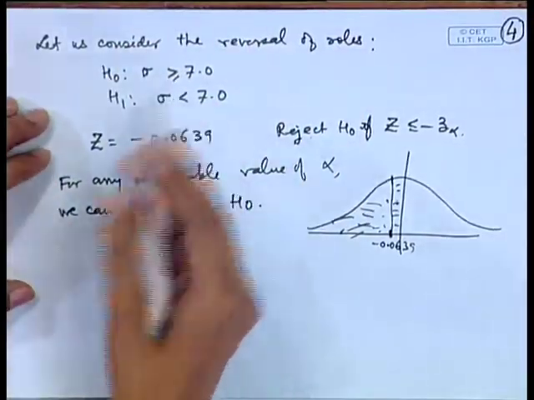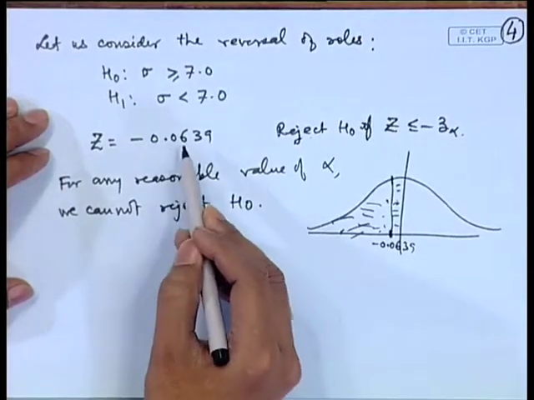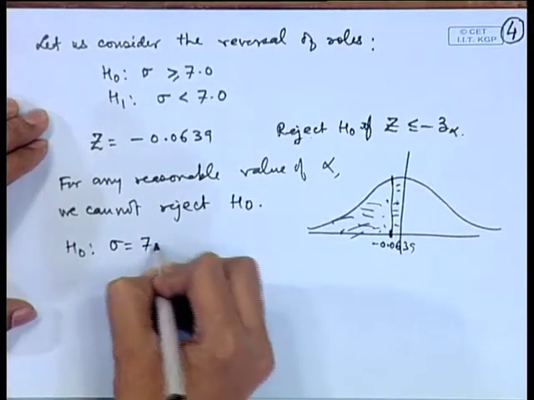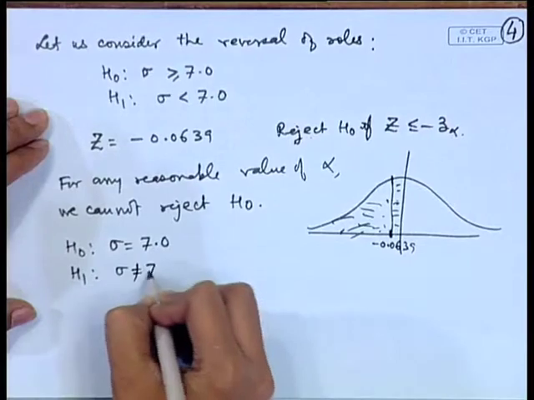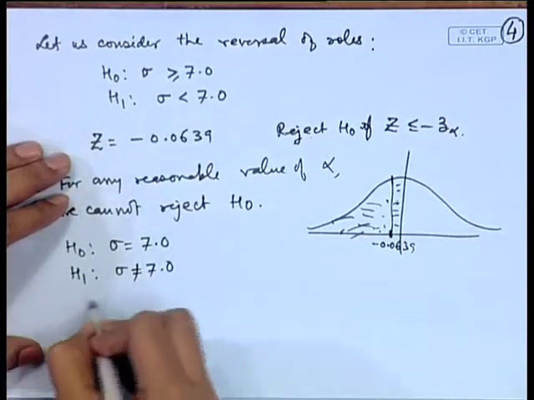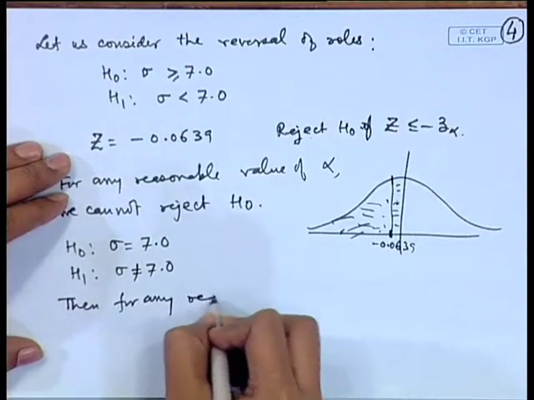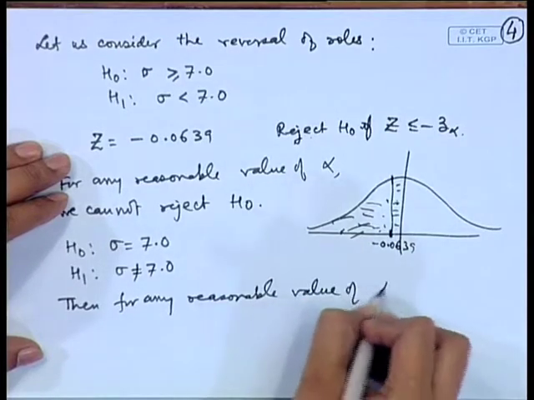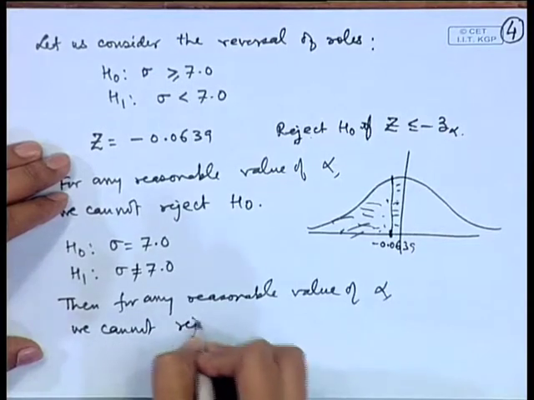If we see carefully, probably the reason is that the z value is small. That means, there is a reason to suspect that if we consider the hypothesis sigma is equal to 7 against sigma is not equal to 7, then for any reasonable value of alpha, we cannot reject H naught.